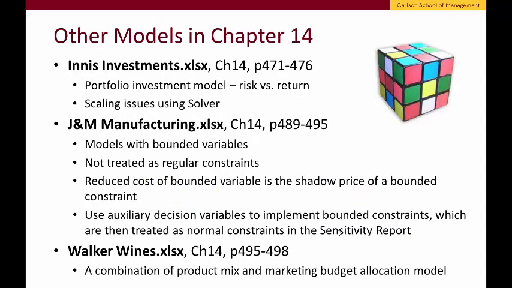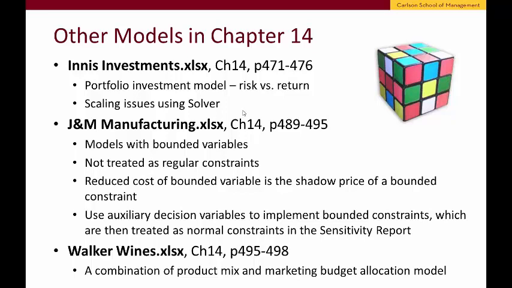This slide just discusses the remaining 3 examples from chapter 14, the templates for which again can be found in a reading subfolder as well. I already referenced J&M, the middle one here, as an example of how to treat the models with bounded variables by introducing auxiliary variables to get the bounded constraints explicitly into the sensitivity report.